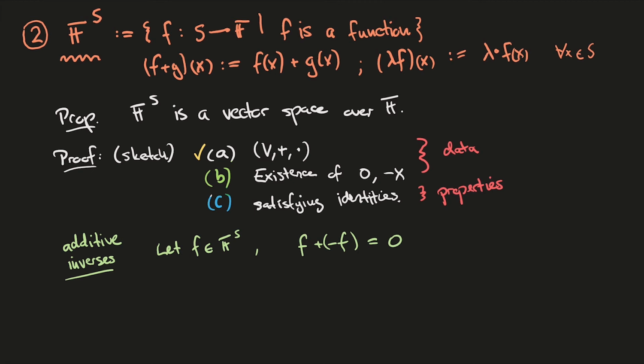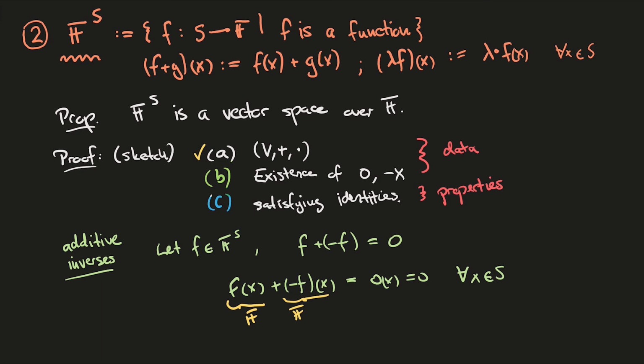So in terms of individual elements, this above equation for the function equality becomes that f of x plus minus f of x should be equal to 0 of x, but that's just 0, and this should hold for all x in S. We may repeat the previous strategy by noting that each of these elements is an element of F, and now this equation is saying that if we add an element of F to another element of F, we get 0.